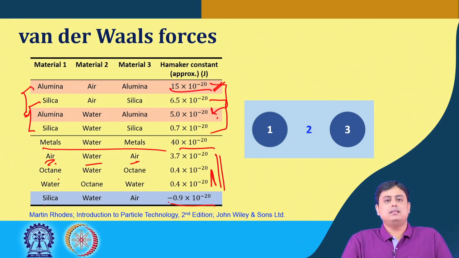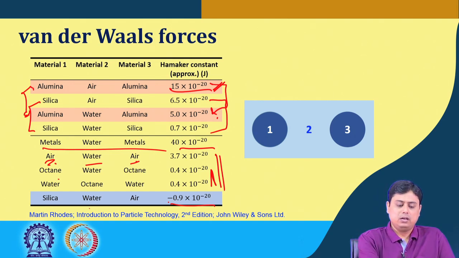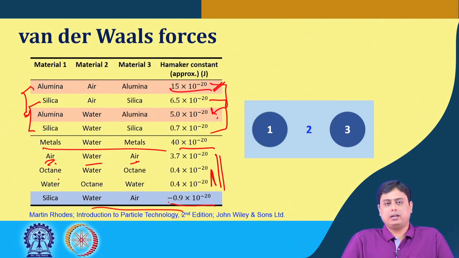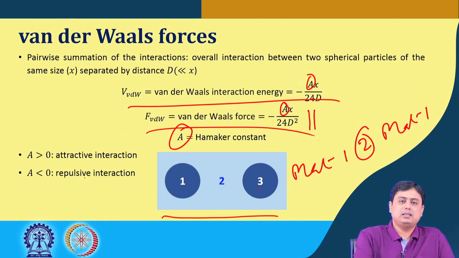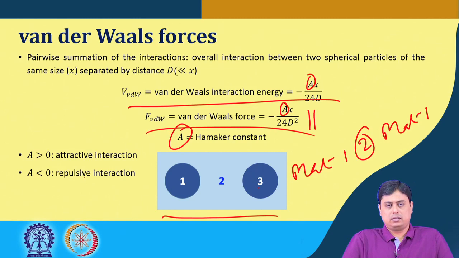In that case, the separation becomes difficult. Then we have the negative Hamaker constant, and as we mentioned, that means there is a repulsive interaction.